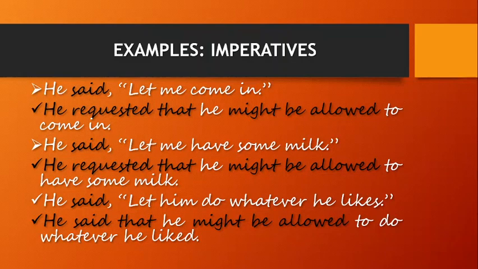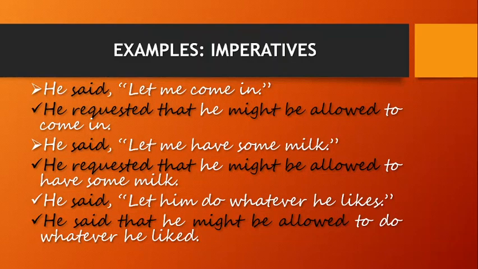For example, when it is suggestion or proposal, we are using suggested or proposed as the reporting verb, and we are using should to replace let. But when it is not a suggestion or proposal, we are using requested, we can use said, implored, entreated, those verbs. And then we are using might be allowed, or we can even use ought.